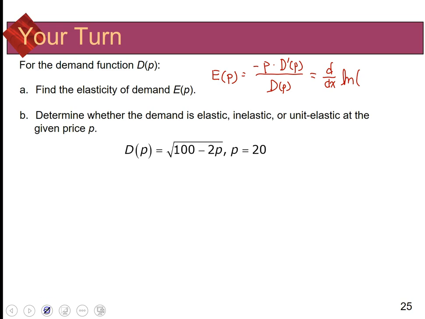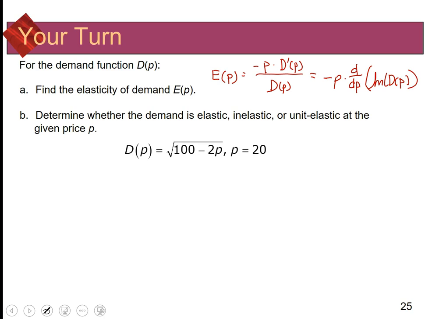Sorry, I put that a little too soon. I could also say it's essentially negative P times the derivative, in this case with respect to P, of the natural log of D of P. As I said, either way is able to be done.